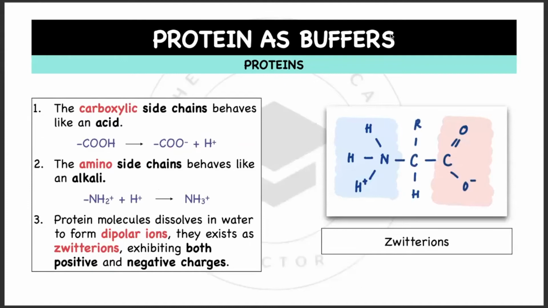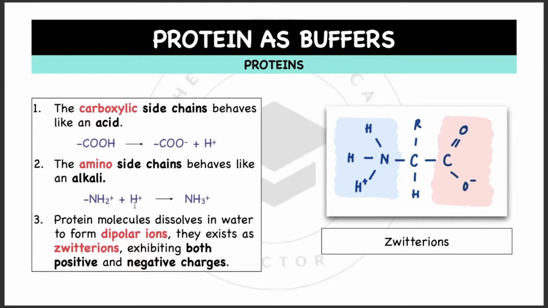So protein as buffers, the carboxylic side chain acts like an acid and the amino side chain behaves like an alkali. Okay, so basically this is what happens. Made a mistake over here, there is no plus. I added this by mistake, yeah.